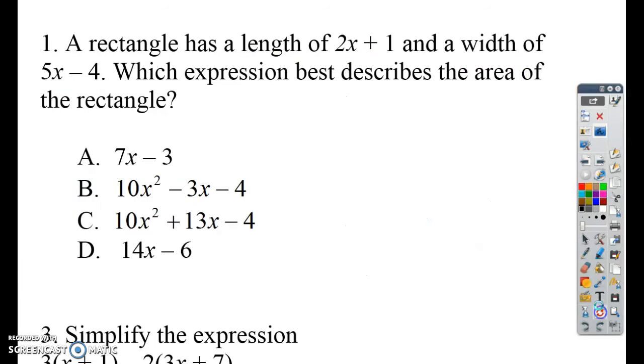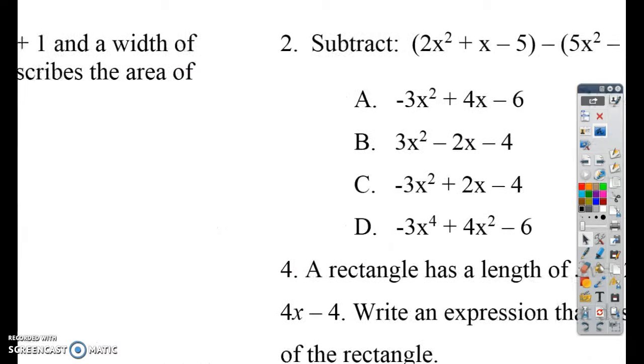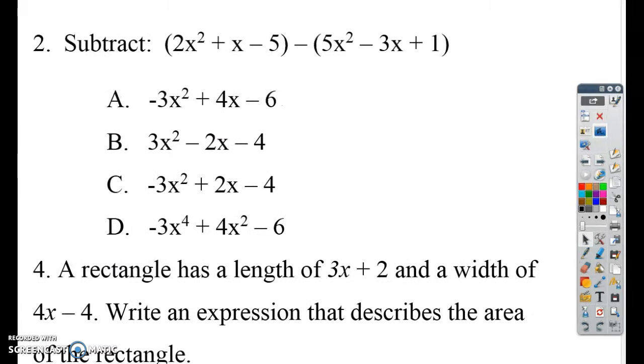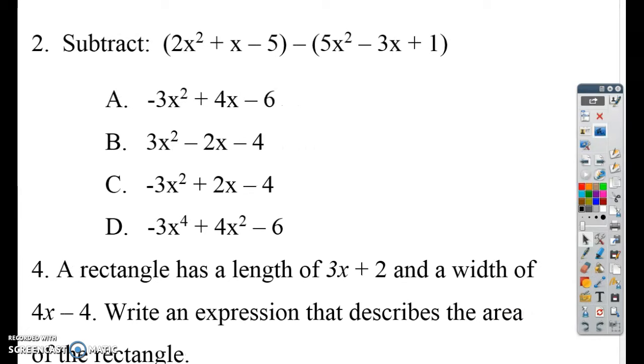Okay, now let's look at problem number 2. It's telling you to subtract. But if you don't even look at the word subtract, and you look at all of this, what do you notice and what are you supposed to do first? Distribute. You distribute.